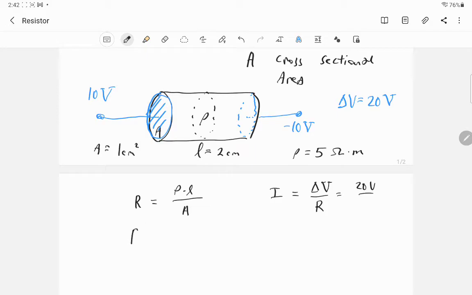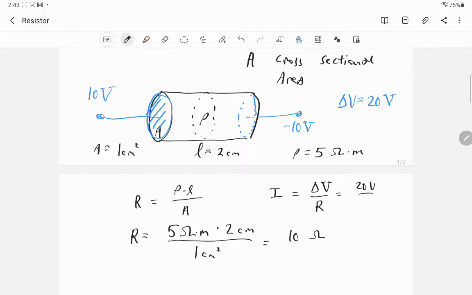So the resistance is equal to 5 ohm meters, that's the resistivity, times the length, 2 centimeters, and then I divide by the area, 1 centimeter squared. If you go through, one of the centimeters cancels, top and bottom. 2 times 5 is 10. Nothing can cancel the ohm. And then I've got meter per centimeter.